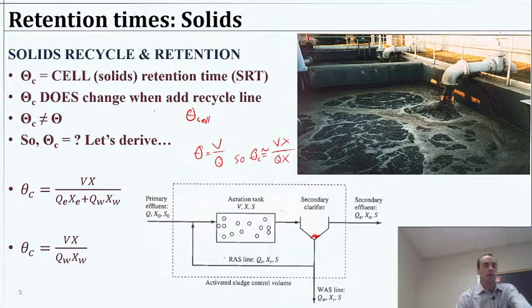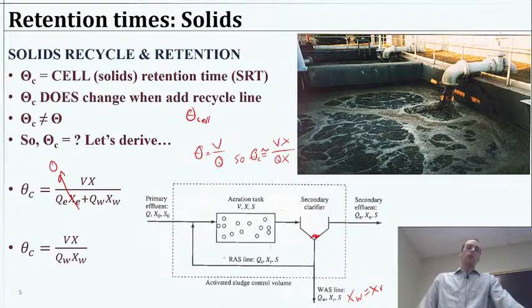So we're going to have the V times X in the reactor itself divided by the QE leaving the reactor. This should go to 0 because XE should go to 0, right? So if our clarifier is working properly, that goes to 0. And then we have plus QW XW. I'm writing XW here; XW is XR, no difference there. So then what we're left with is theta C is V times X divided by QW XW.